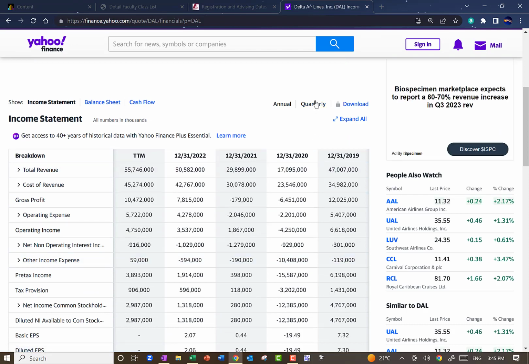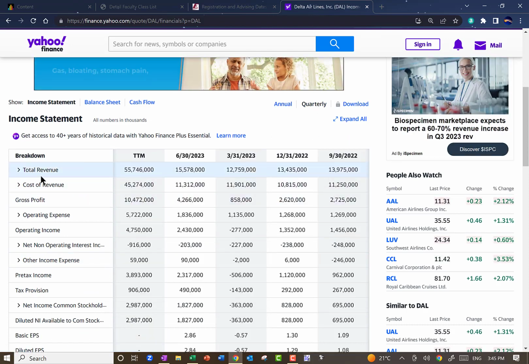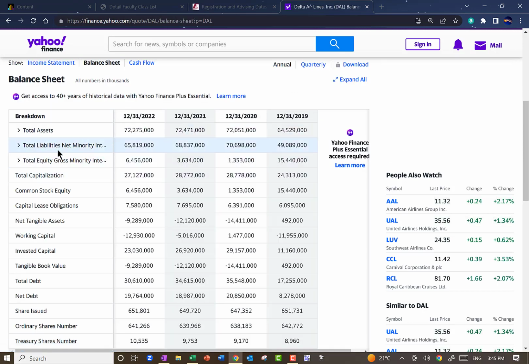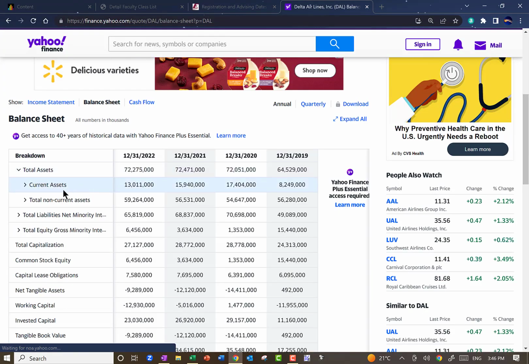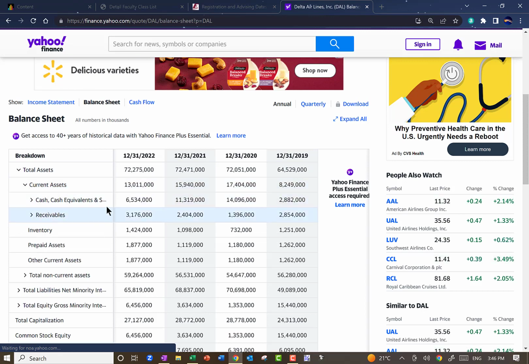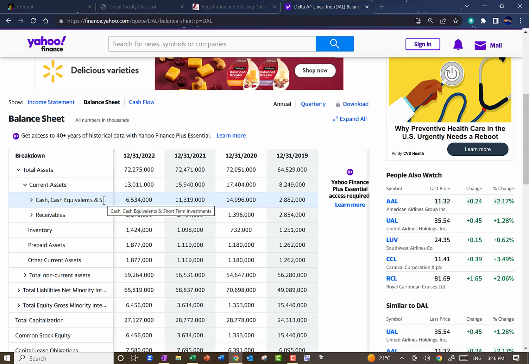Financials, the last quarterly one. Total liabilities net minority interest, 65,819. Cash-like assets, basically cash, cash equivalents, and short-term investments.